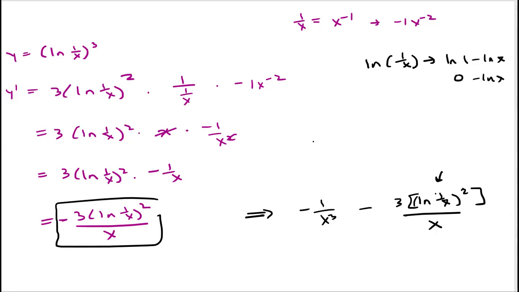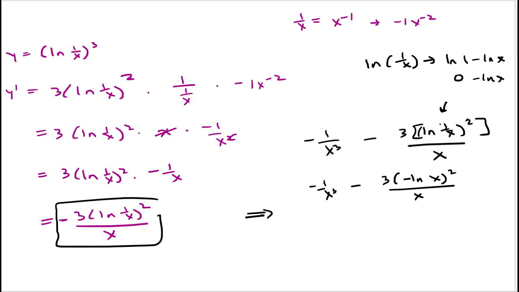All right, so we get minus ln of x, so I'm going to replace ln of 1 over x with negative ln of x, and then this is being squared, all right? So then that negative there will just become a positive.